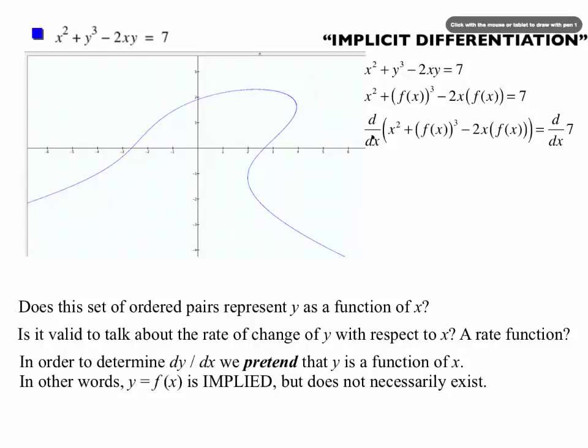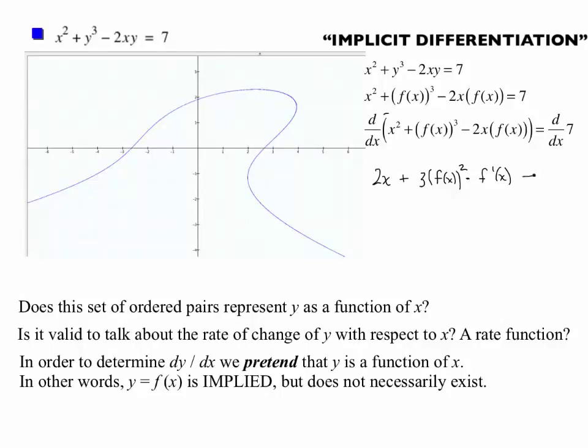Okay, so we're going to do rate of change of each of these. Rate of change of x squared. That's easy. 2x. Okay, rate of change of f of x cubed: 3 f of x squared times f prime of x. Chain rule, right? It's implied that y is a function of x. So if we have y cubed, it will require the chain rule.